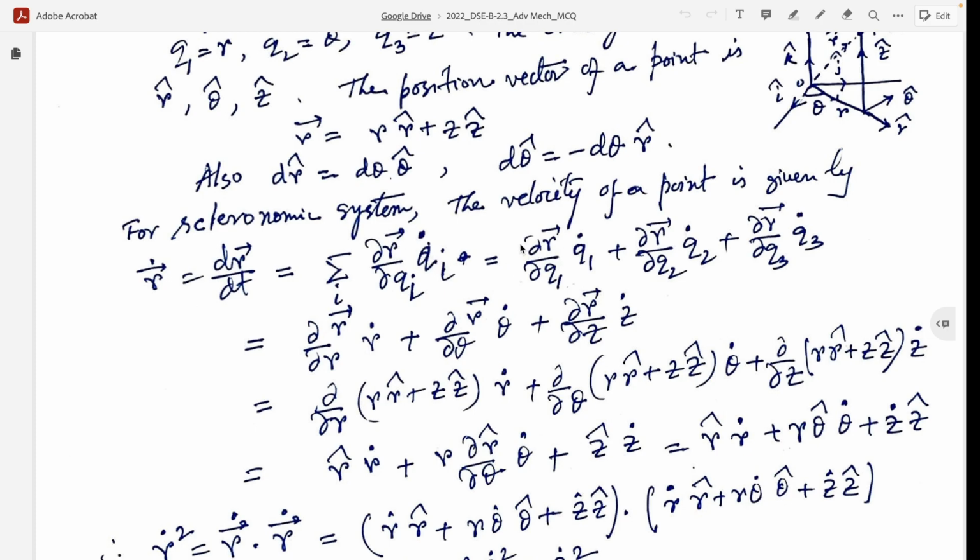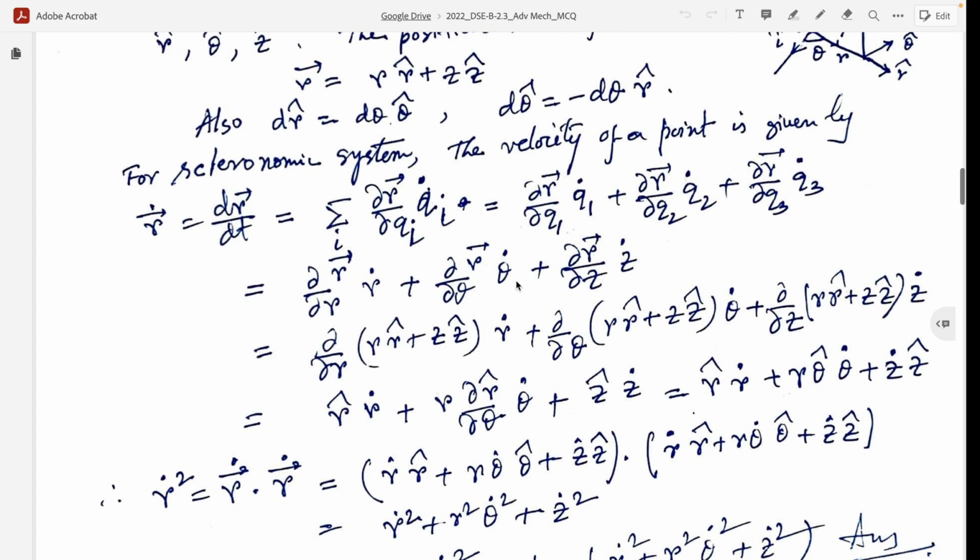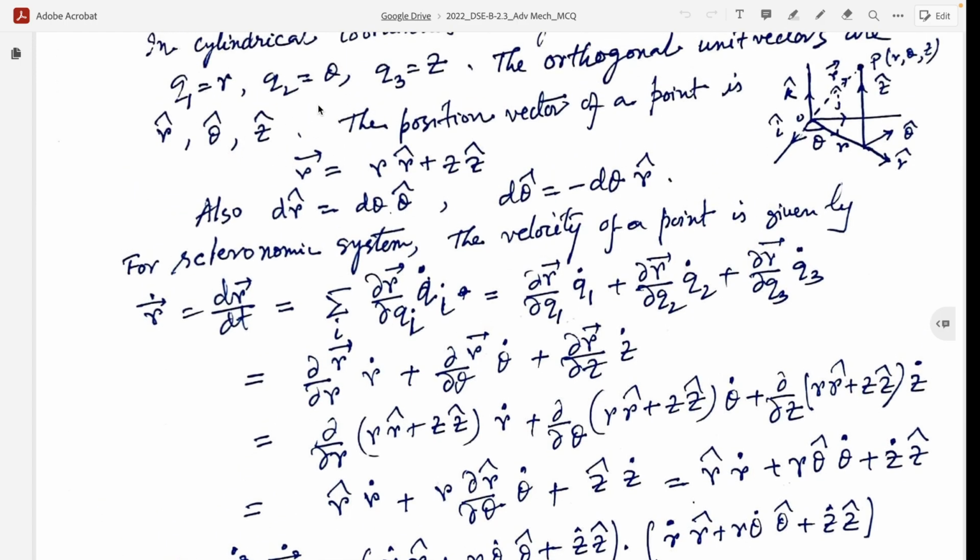This equals del r vector by del q1 q1 dot plus del r vector by del q2 q2 dot plus del r vector by del q3 q3 dot, and hence we get the value, putting q1 equals r, q2 equals theta, and q3 equals z.